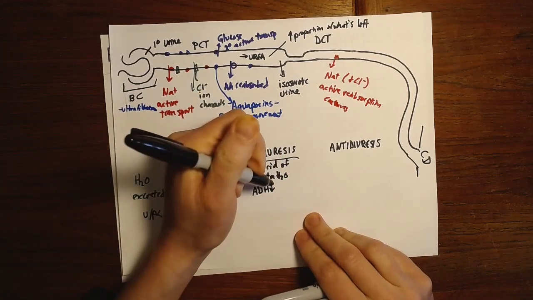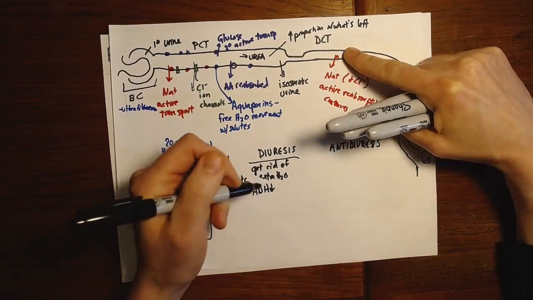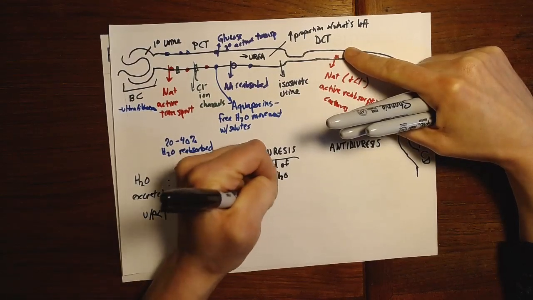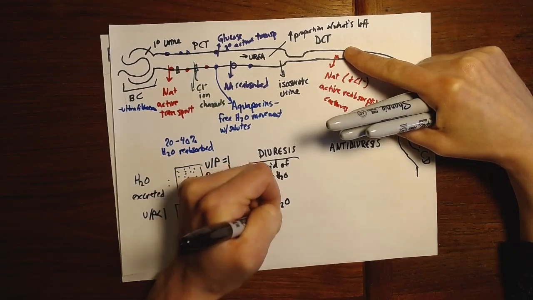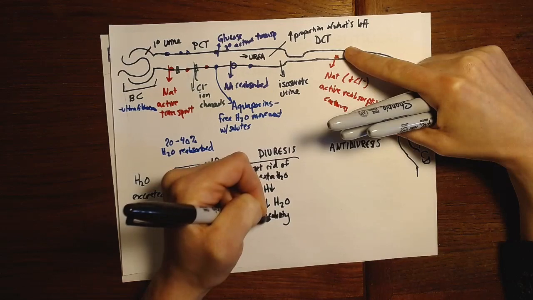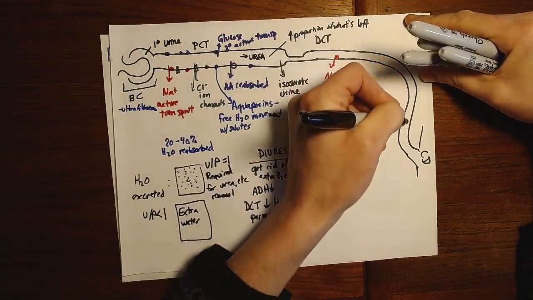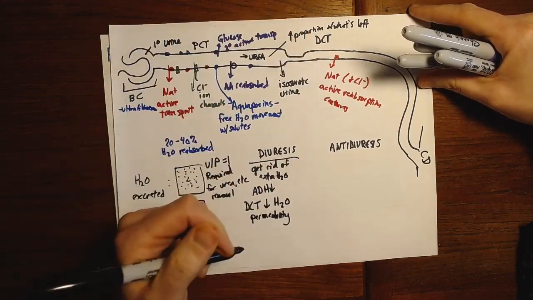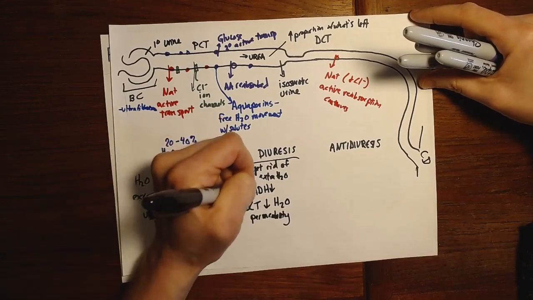And under those circumstances, the DCT, distal convoluted tubule, has low permeability to water. So what that means is this fluid is just going to travel through the DCT. Some sodium chloride is going to get reabsorbed, and at the end, we wind up with a larger volume of dilute urine in the bladder.